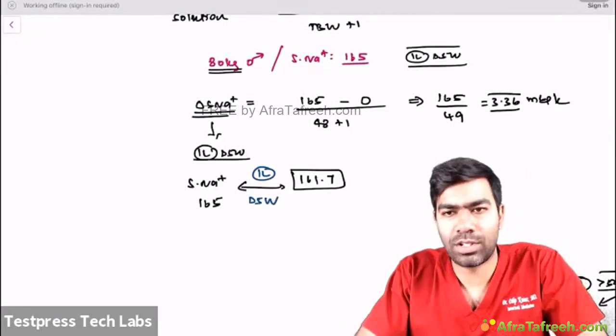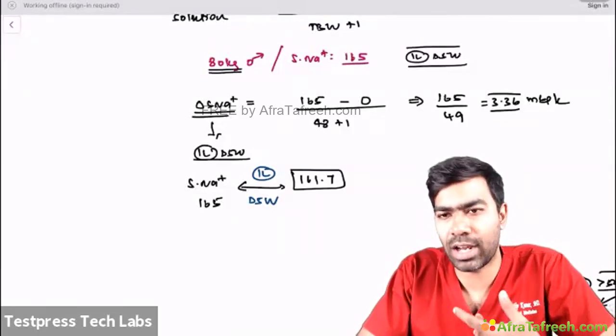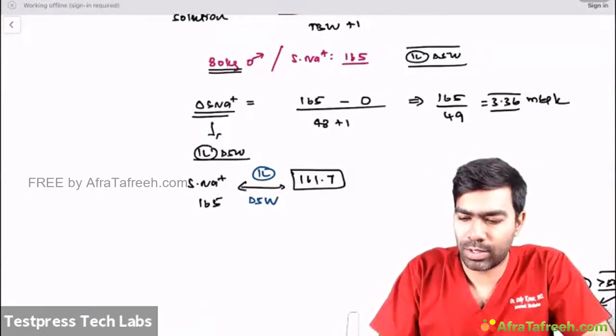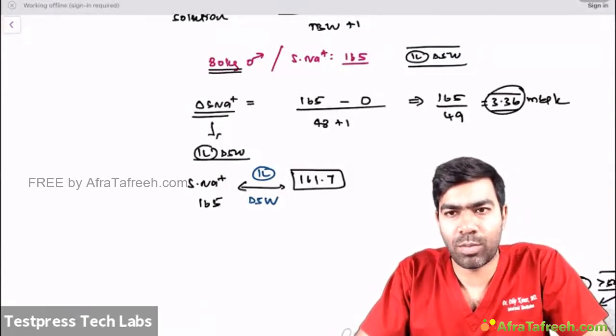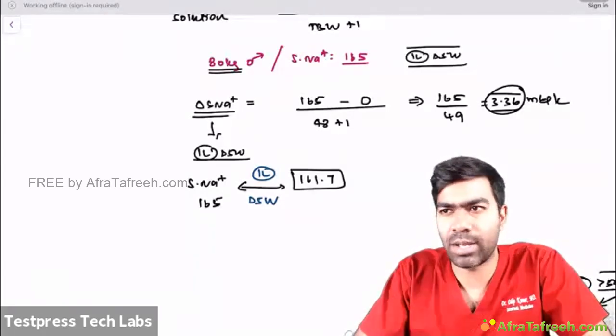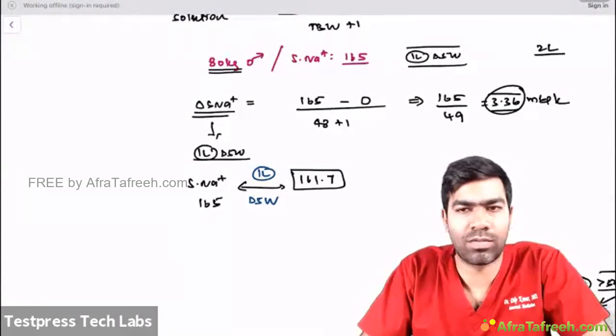Depending on how much you need, you can change. For example, if I need to reduce the serum sodium by 6 or 7 milliequivalents that day, I know 1 liter will change it by 3.3, so I'll give 2 liters of dextrose 5 water.